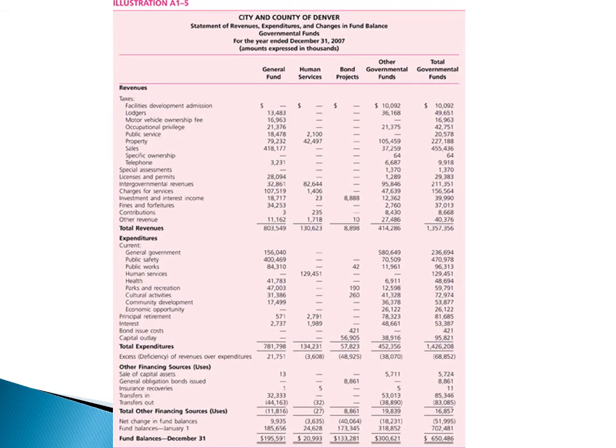Next, there's the statement of revenues, expenditures, and changes in fund balance. For these governmental funds, you'll notice they have the same 4 columns. There's the revenue section, the expenditure section, and the other financing sources and other financing uses are kept in the same area as kind of an other area.